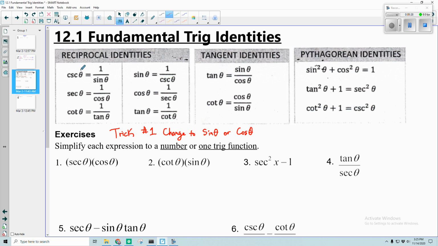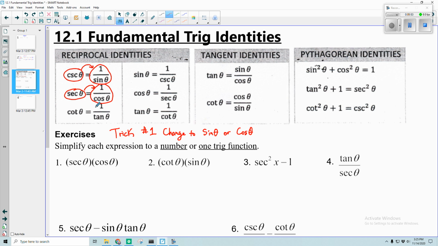So for example, this identity tells me that I can take cosecant and change that to 1 divided by sine. Okay, so that's one that's going to be especially helpful, as well as the secant one, which changes to 1 divided by cosine. I want to change everything to be in terms of sine or cosine. So that would work even though it's 1 divided by sine or 1 divided by cosine.